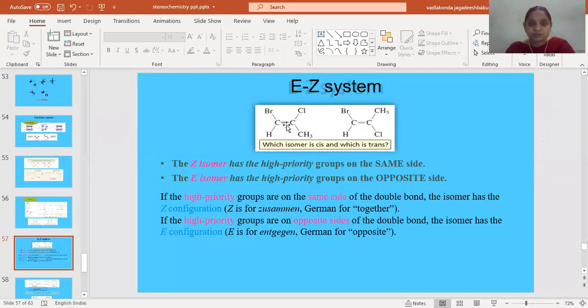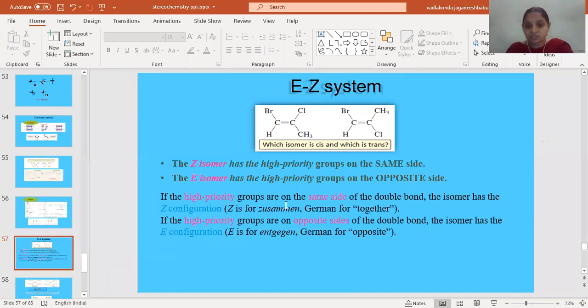So in this molecule, on this carbon, we have bromine and hydrogen, so bromine will be given the highest priority and hydrogen the lowest priority, whereas on this carbon, Cl will be given the highest priority. After giving priority to the groups, if the highest priority groups are on the same side of the double bond, then that is considered the Z isomer, because Z means same.